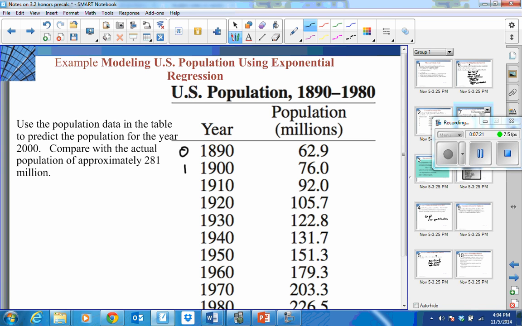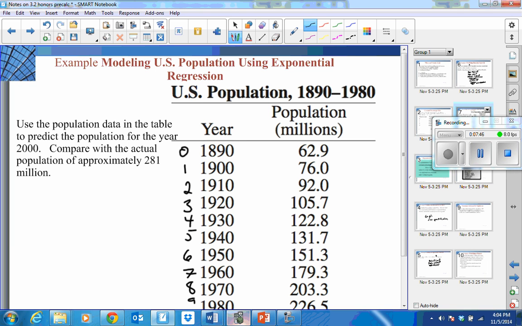So really, t is going to be represented by decades in this case. So we're going to put in 2, 3, 4, 5, and we're going to keep these numbers just as they are, but we need to remember that this is being modeled in millions. So here are all of the ordered pairs that we're going to put into our calculator.